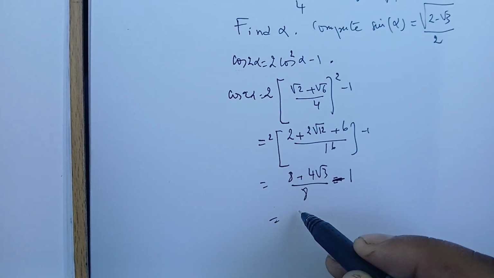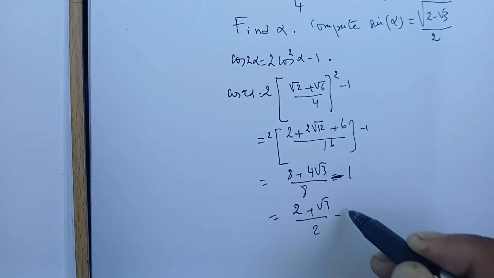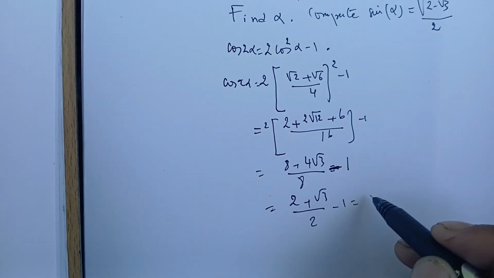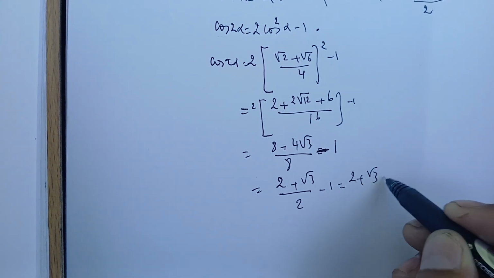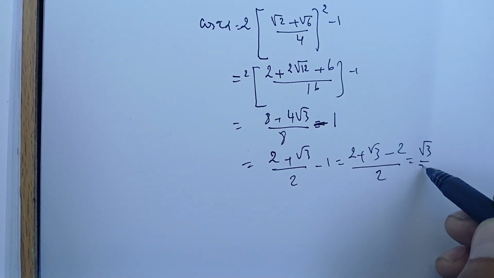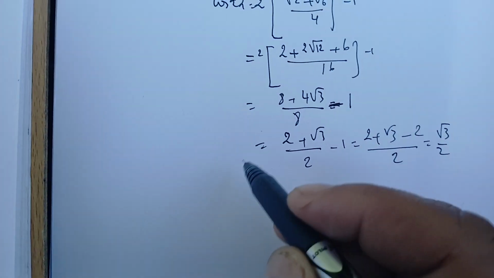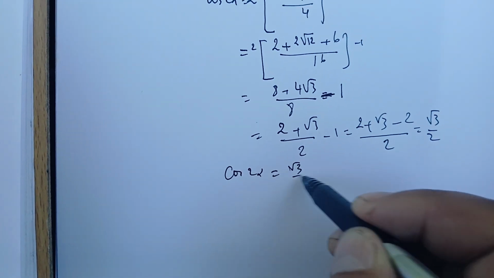So here I can simplify and get 2 plus square root of 3 over 2 minus 1. This computation gives me 2 plus square root of 3 minus 2 over 2, which is square root of 3 over 2. I know that the cosine of 2 alpha is square root of 3 over 2.